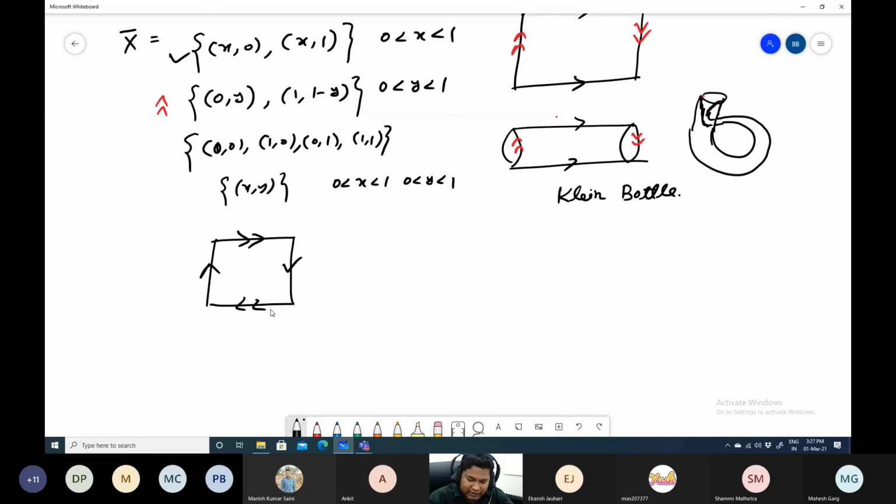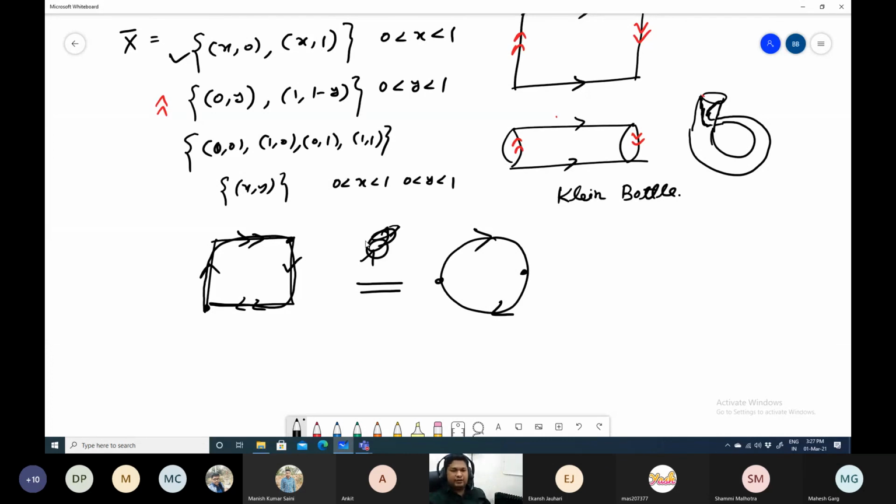Yes, sir. Now if you can combine these two, you can choose this point and these points. See, this one and this one are the same. So you can think of a circular region, where this and this, these two, are the same identification. And this is called RP2.